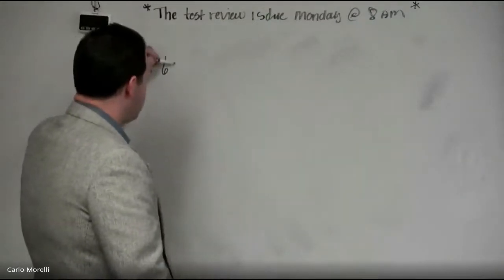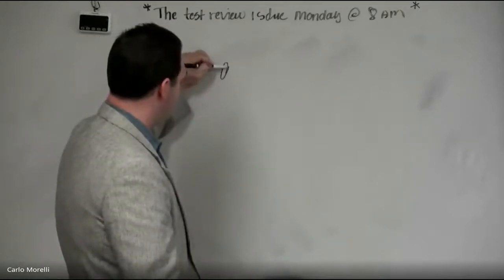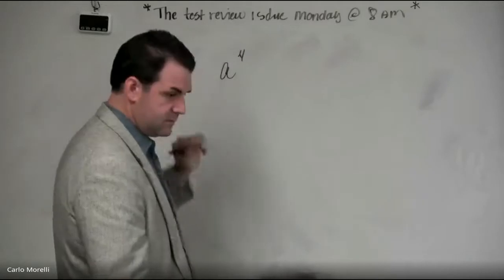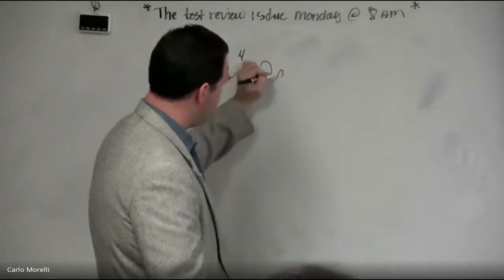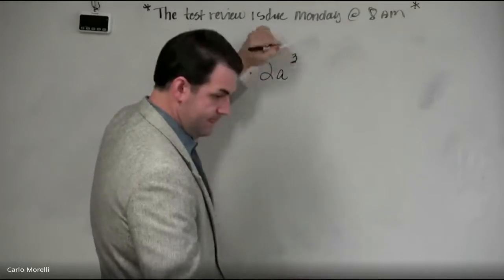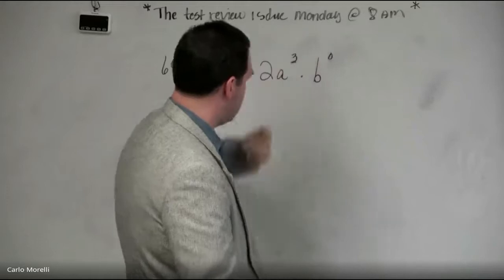And number 69, things start to actually get interesting. We have a to the 4th power times 2a to the 3rd power times b raised to the power of 0.